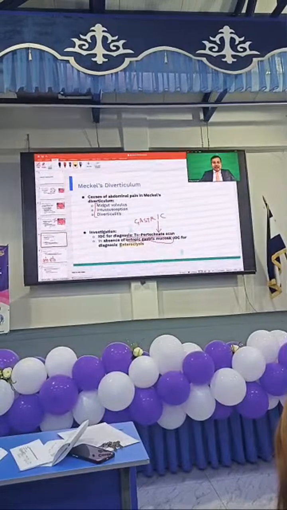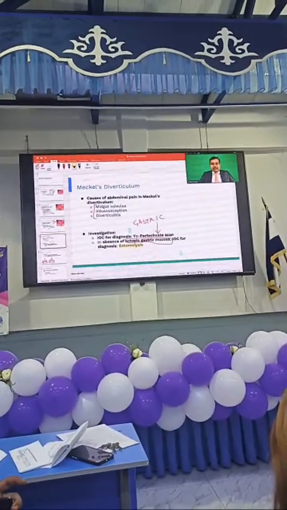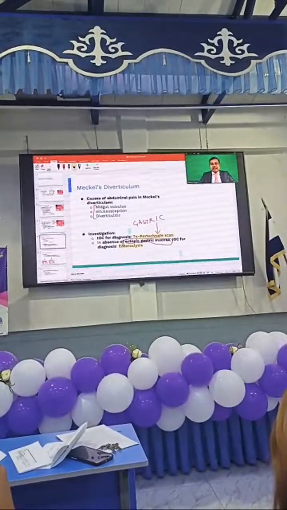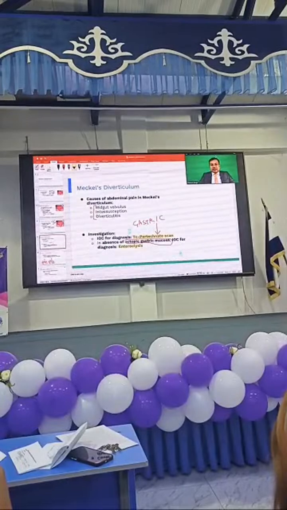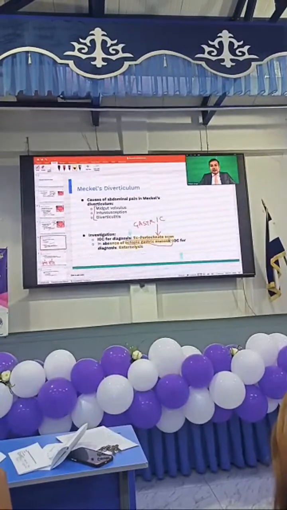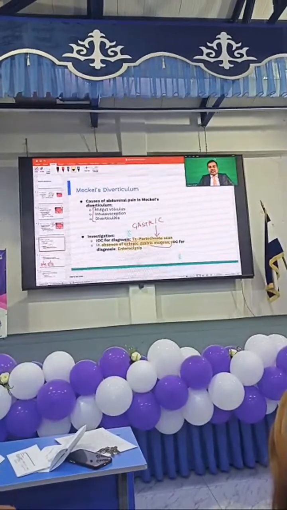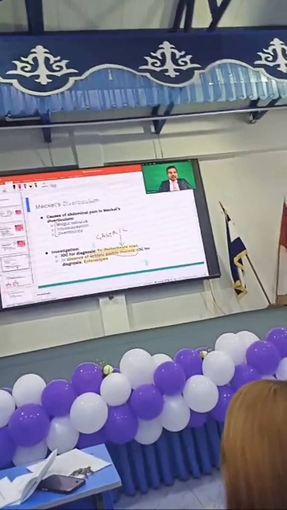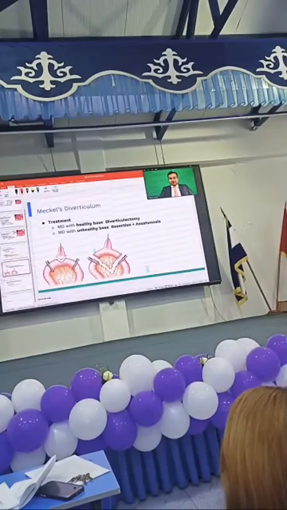Clear? So if there is gastric mucosa, we diagnose it by technetium pertechnetate scan, and if there is absence of ectopic gastric mucosa, we detect it by enteroclysis. So the investigation of choice is enteroclysis. Clear, guys? Now coming to the treatment.